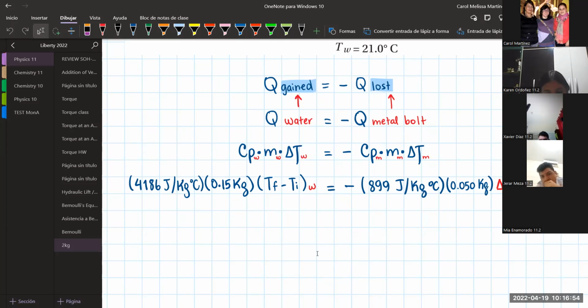So what do I need to do here? I need to start working with this exercise. How much is this multiplication? 4,186 times 0.15. How much is this? 627.9. These are joules on the top and Celsius on the bottom, because now you already canceled kilograms with kilograms.